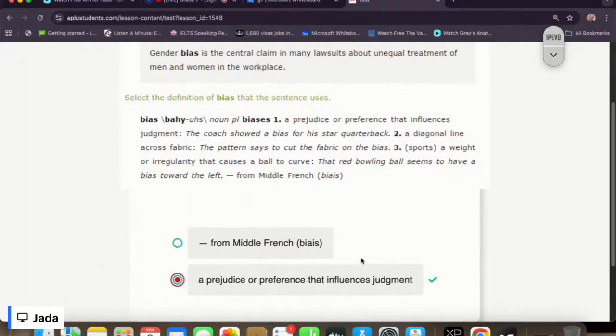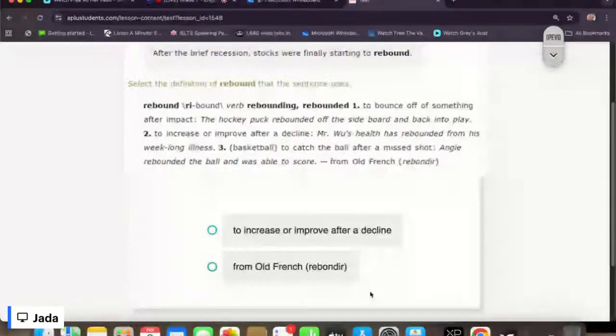So we have: prejudice or the preference. So after the brief recession, stocks were finally starting to rebound, first or second?